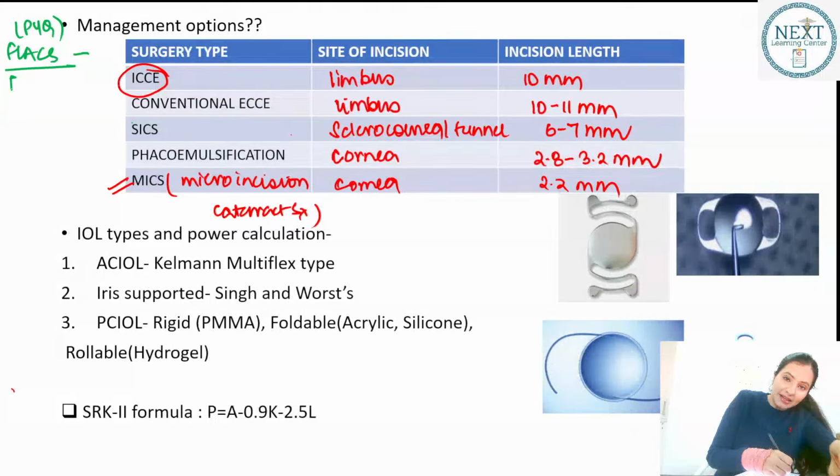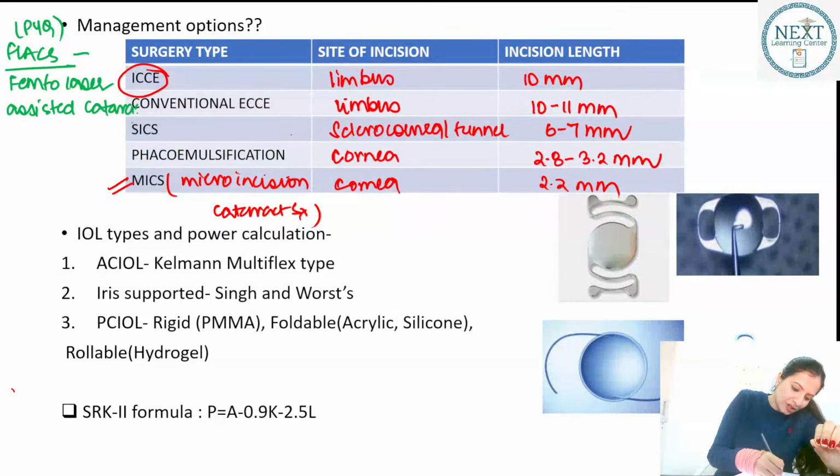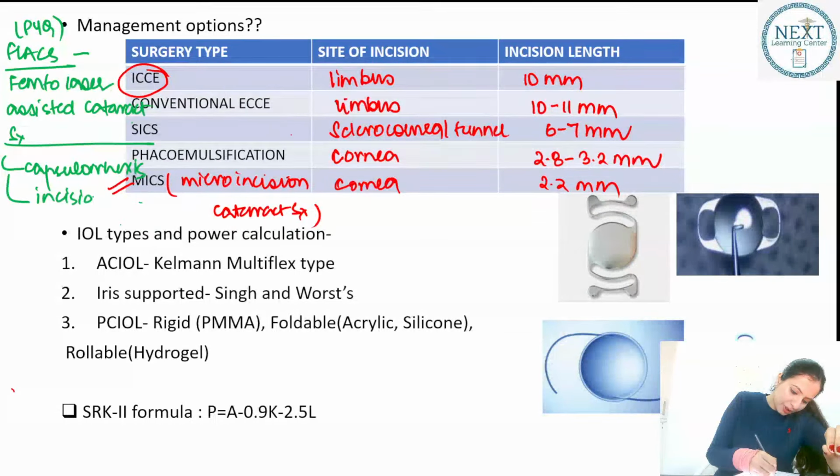What does FLACS stand for? It is femto laser assisted cataract surgery. Since the laser is only assisting your cataract surgery, not everything is done by the laser. It is going to do capsulorhexis, it is going to make the incision, and it is going to do only nuclear fragmentation.